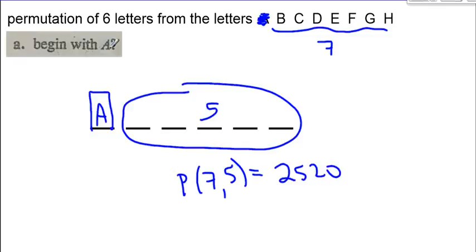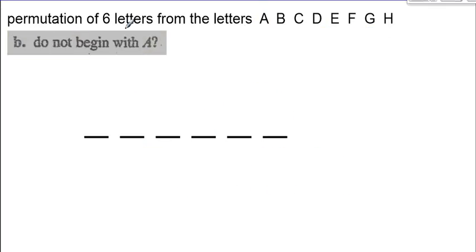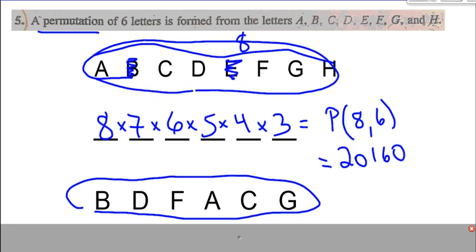Now we want all the ones that do not begin with A. There are 2 ways to approach this, one of which is to just say, well, in this question we found that there were 2,520 that begin with an A, and so all the other ones must not begin with an A. If we go back, we said that there were 20,160 total.